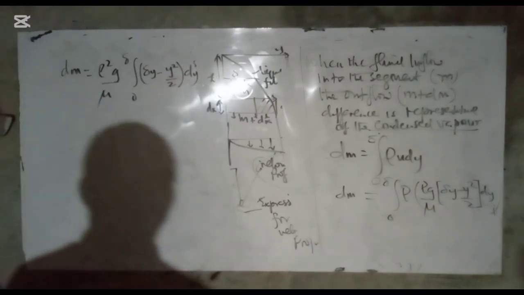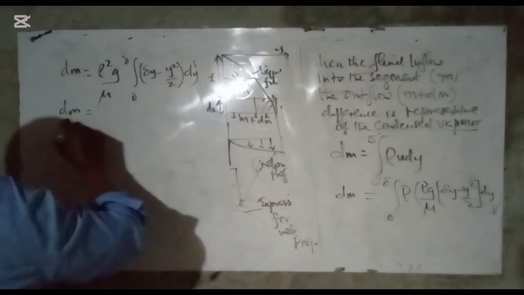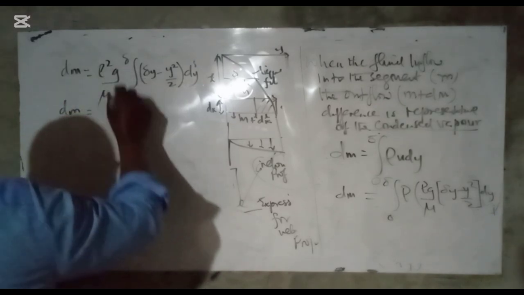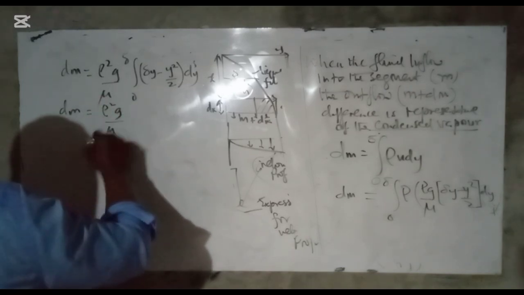Because if we carry out that particular integration, we have dm will be rho squared g over mu.